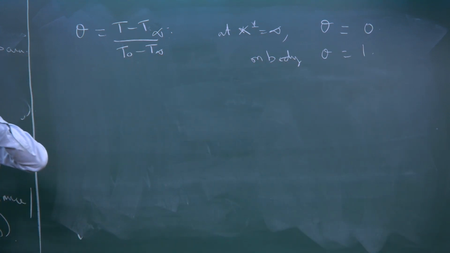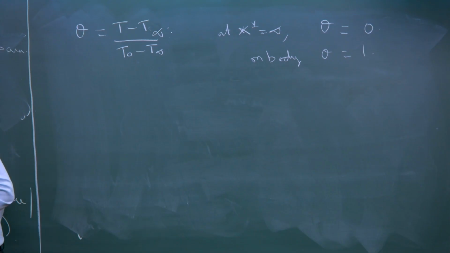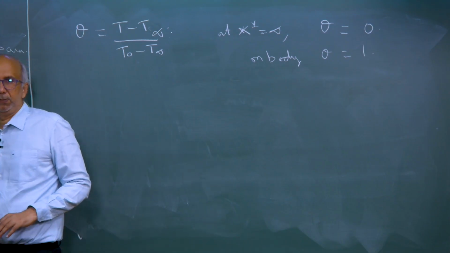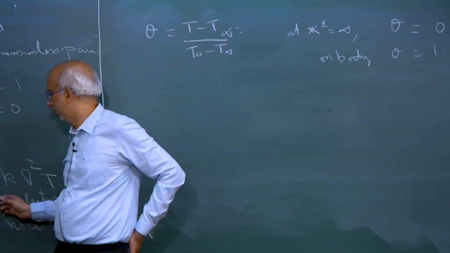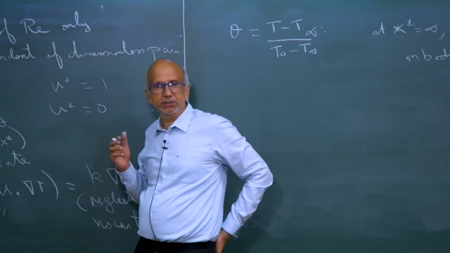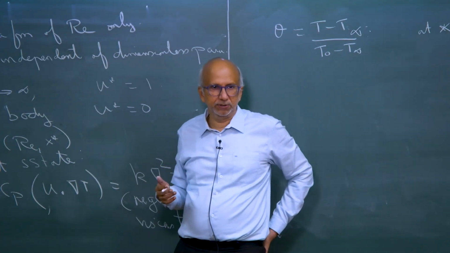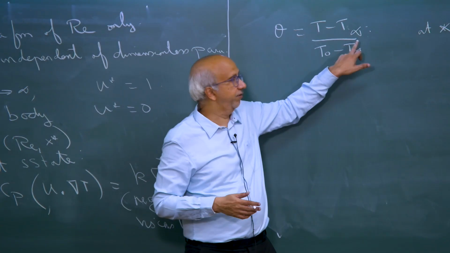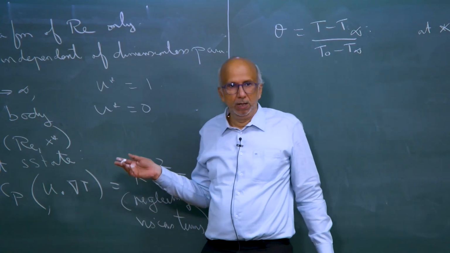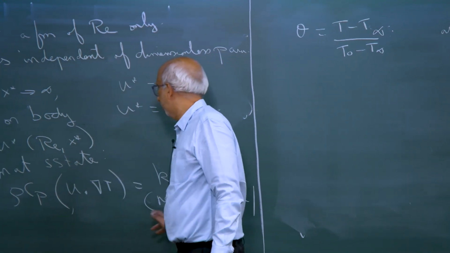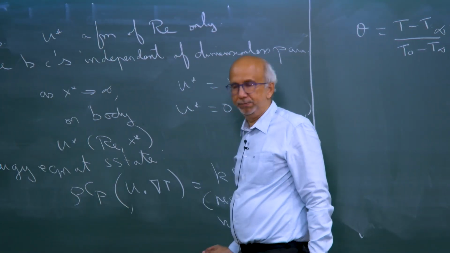So when I solve this energy equation I will have these boundary conditions, and they are not giving me any new parameters when I choose it like this. It is only 1 and 0, just like my velocity, but let me see if any new parameters are coming in my energy equation.